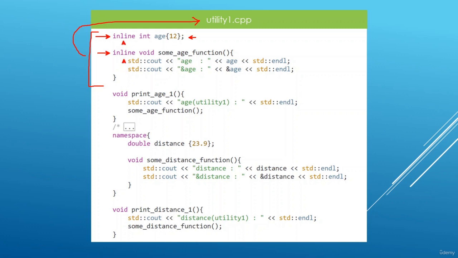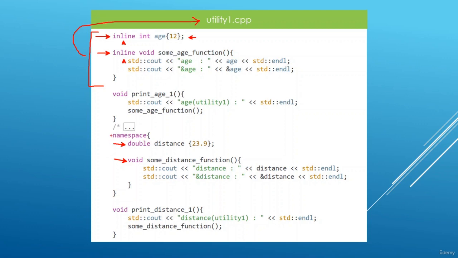But suppose you don't use inlining and you just want to use the features to mark things for internal linkage. For example, if you go down here, you see we have wrapped our data into a namespace, and we have a distance variable here, and we have some distance function which is going to print the distance. But this is not inline.